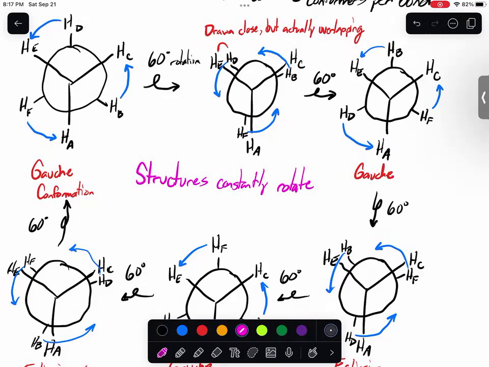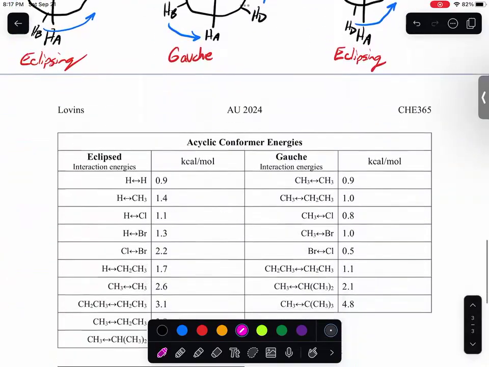But one conformer is usually more stable than others. But looking at this, there's not necessarily a way for us to immediately know the stability, right? Where we're going to learn about the stability is through some energy tables.